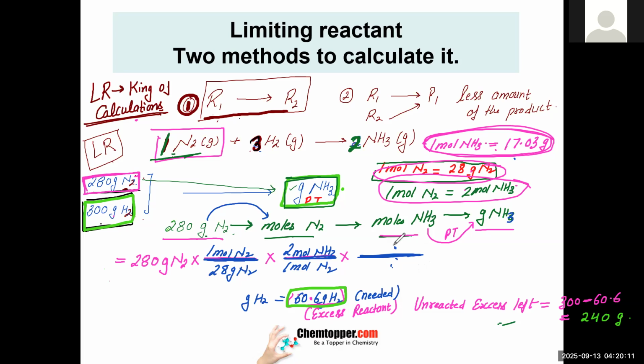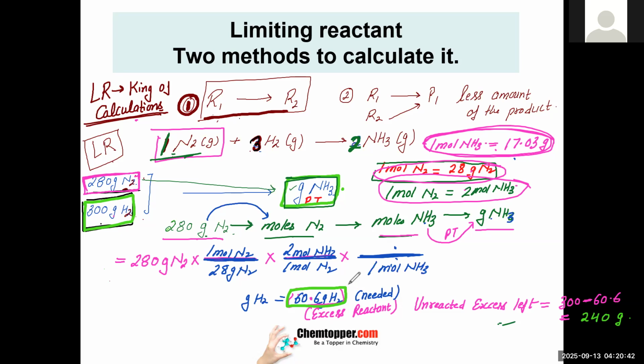Okay, so tell me now. Moles of ammonia to grams of ammonia. For this you have to put moles of NH3 at the bottom, and on top of that you put grams of NH3.